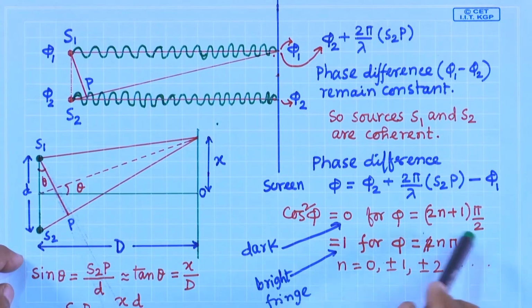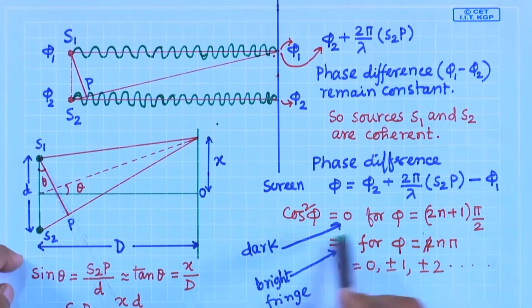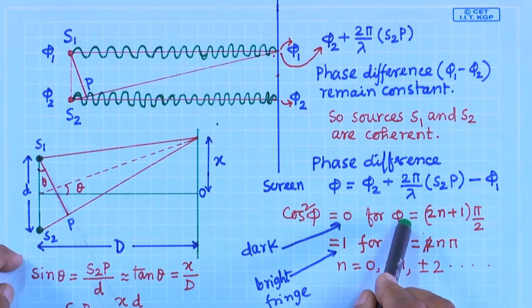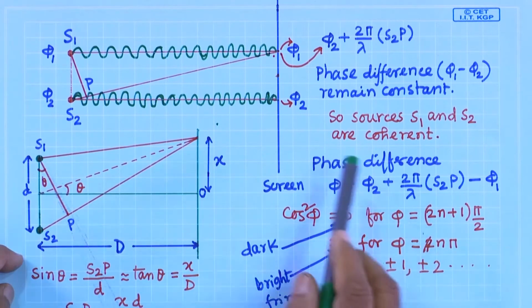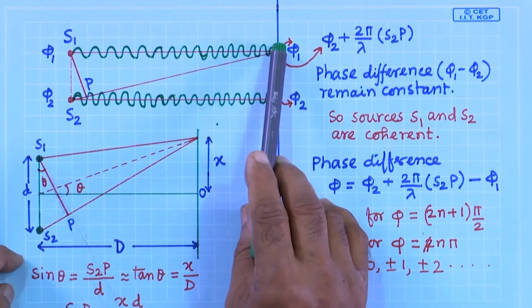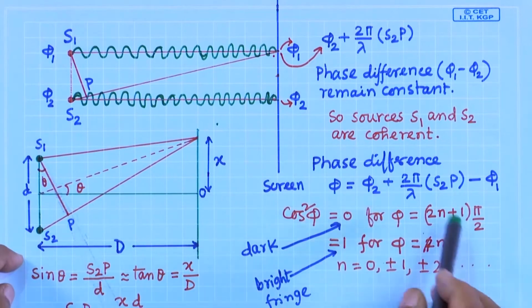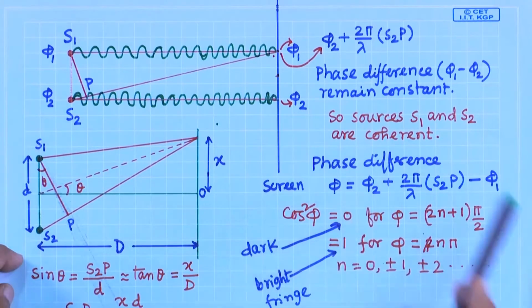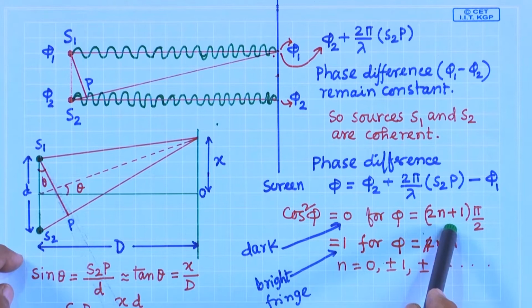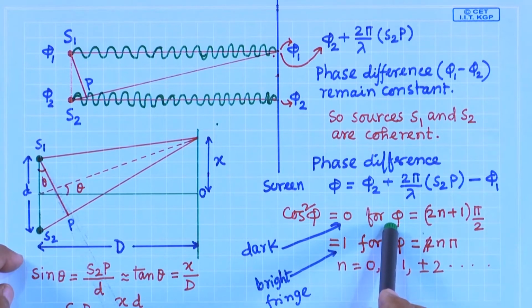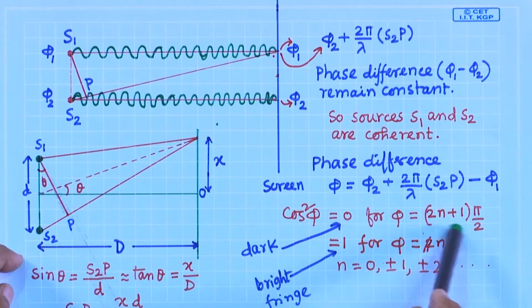This is the condition for dark, if the phase difference between these two waves at the point where they are meeting, the superposition of these two waves at this point, is this.